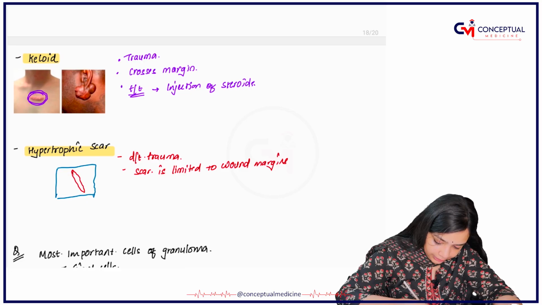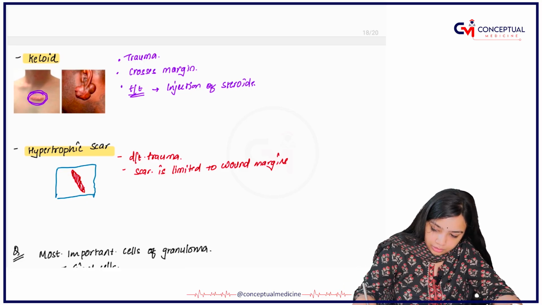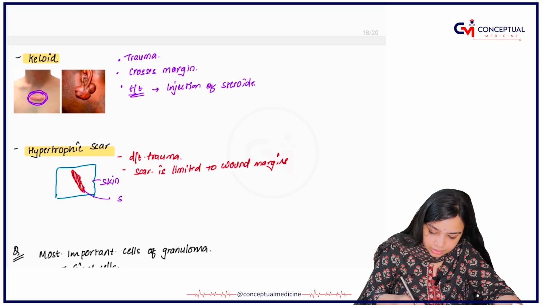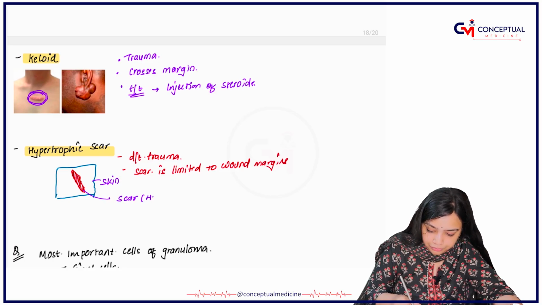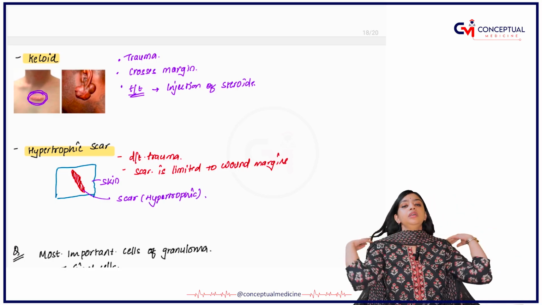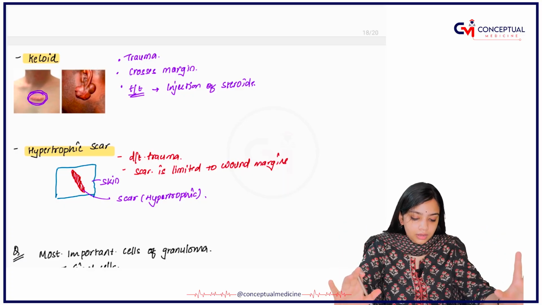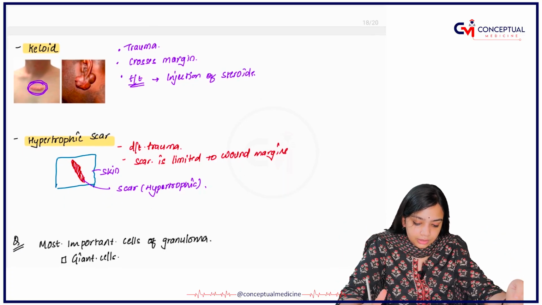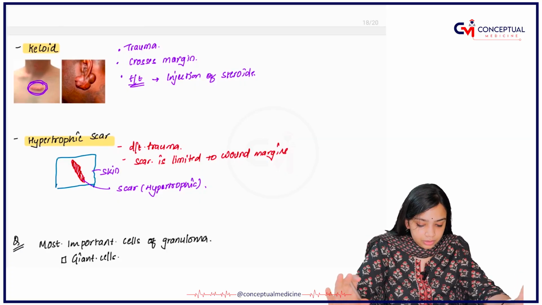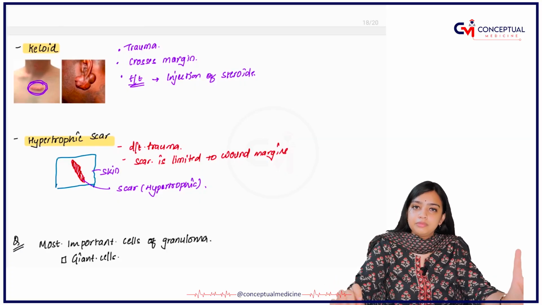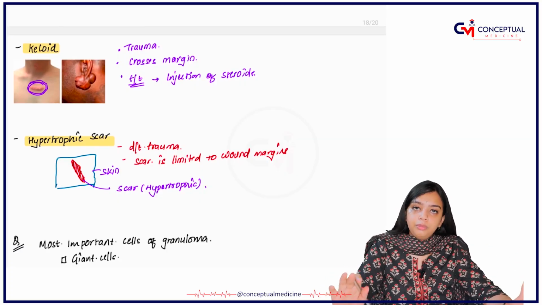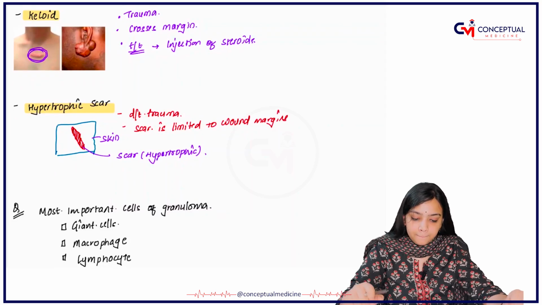The scar will be limited to this area only. This is your skin and this is your scar, the hypertrophic one. Okay guys, this was all about keloid and hypertrophic scar. More or less, as far as I know, this will be asked in your MCQs or 2-mark questions, because there is nothing much in it.